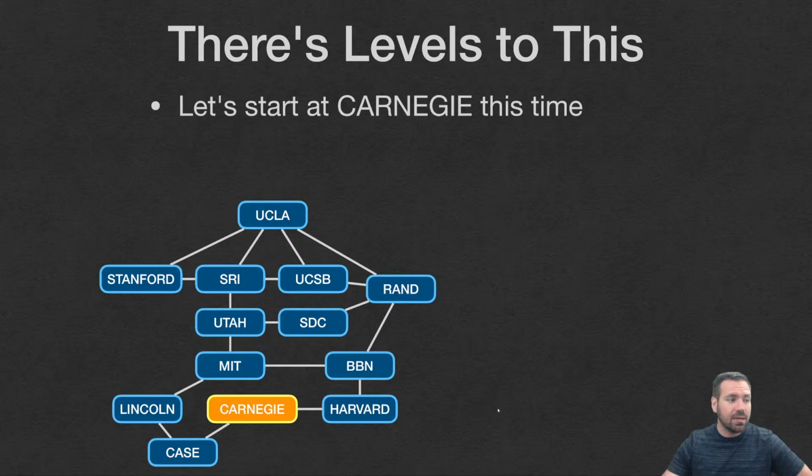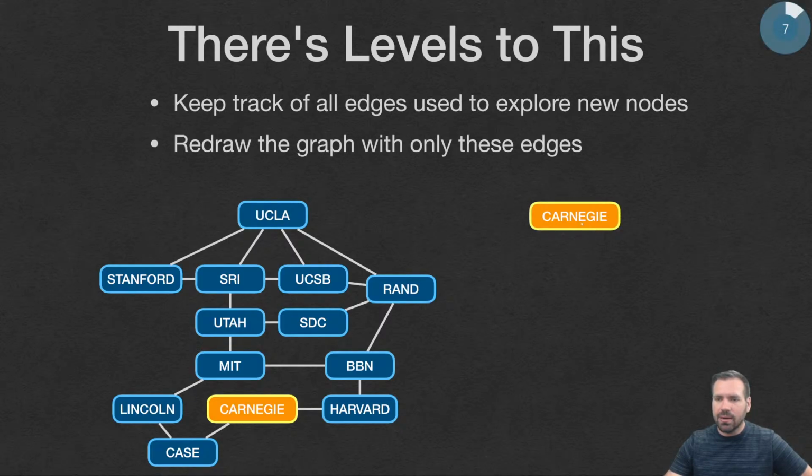And I'm going to keep track over here. I'm going to build a second graph that's going to only contain the edges that were used in the BFS run. So I'm going to start with Carnegie. I'm going to put Carnegie right here.